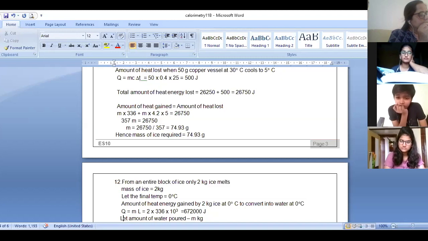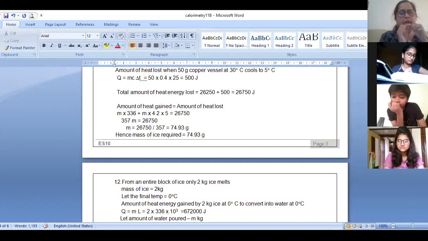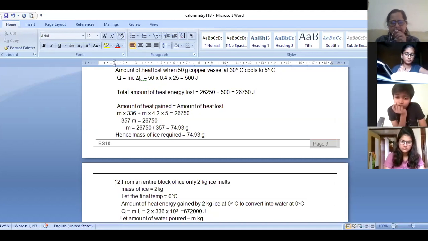Specific heat capacity of water is 4200 joule per kg per Kelvin, and latent heat of fusion of ice is 336 into 10 raised to 3 joule per kg. So this is given. There is an entire block of ice of 2 kg, right? So the mass of the ice that will be melting is 2 kg.